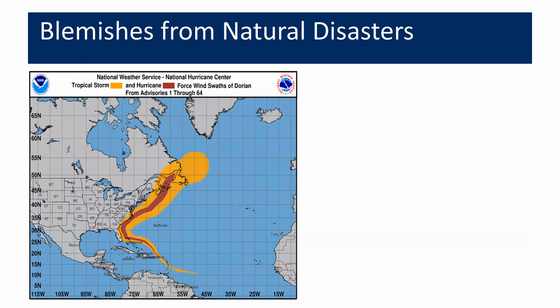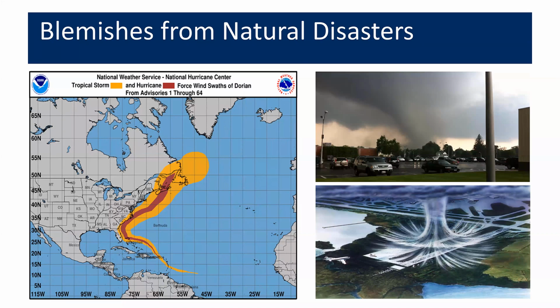Another category of blemishes and causes of blemishes are natural disasters. Here you can see the recent path of Hurricane Dorian that undoubtedly packed some sufficiently high winds to pick up debris in the wind stream and broadcast it against the sides of many buildings. So that's the common denominator in these natural disasters.